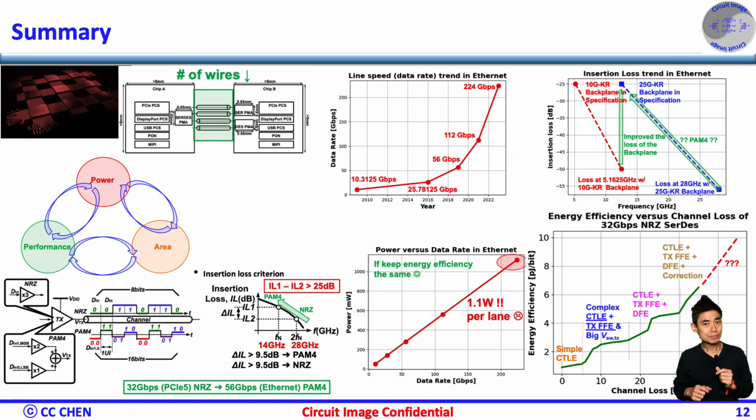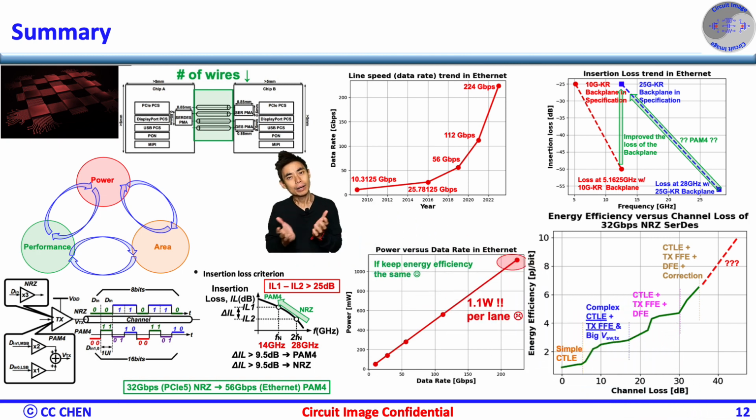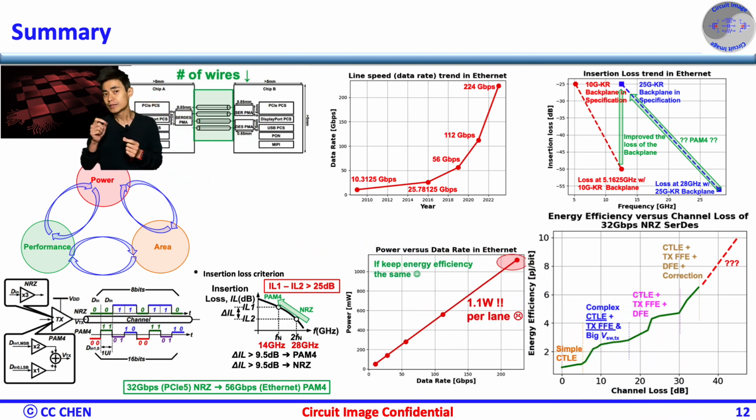Here are the summarized images of why we need a low loss in a SerDes. Even though we discussed lots of circuit images that can help us equalize 30 dB, 40 dB, or even possibly 50 dB loss at the next rate nowadays, we may need to revisit the SerDes topology from the top-down system level instead of bottom-up circuit design.